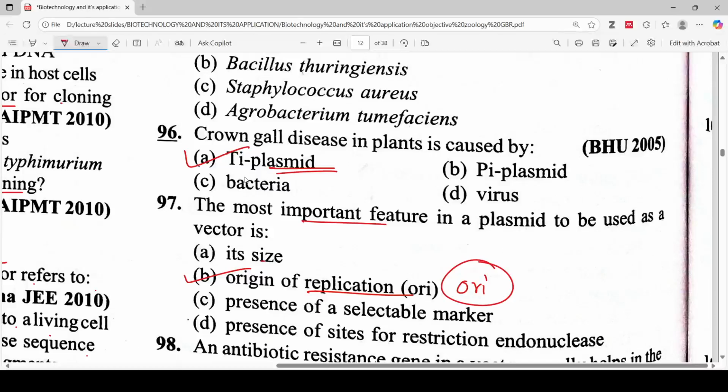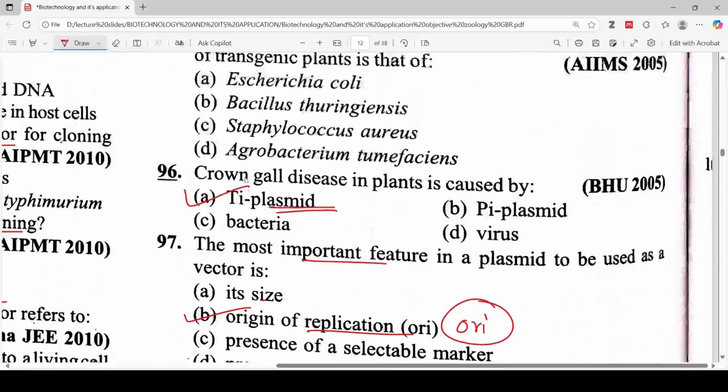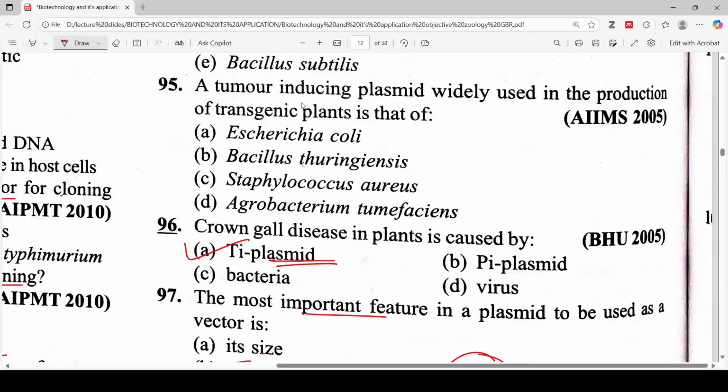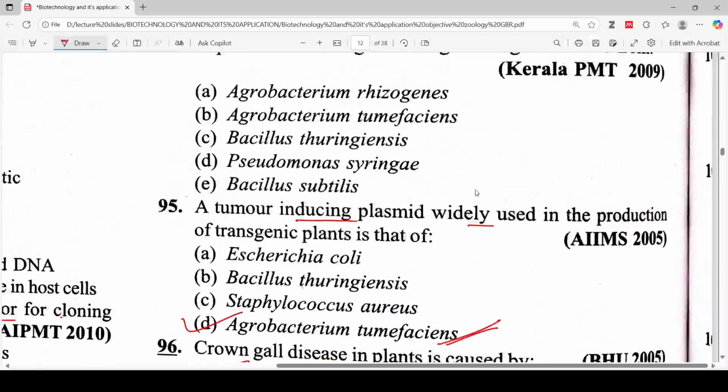So next question, a tumor inducing plasmid widely used in the production of transgenic plants is that of Escherichia coli, Bacillus thuringiensis, Staphylococcus aureus, and Agrobacterium tumefaciens. Agrobacterium tumefaciens will be the correct answer for this question.